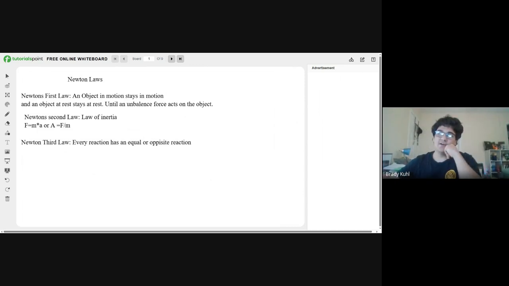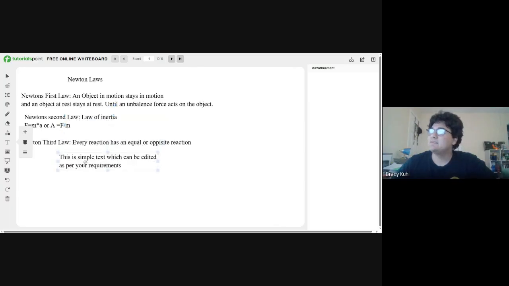Newton's second law is the law of inertia, which is force equals mass times acceleration, or acceleration equals force divided by the mass. I should have typed it out, but I didn't think about doing it, so I'm gonna go ahead and get a text box and add text.